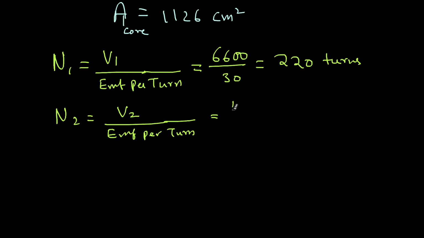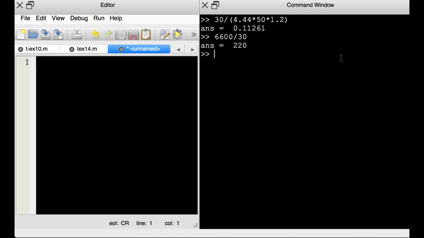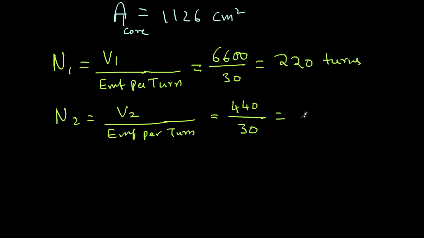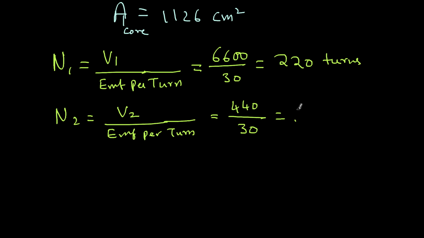So 440 divided by the voltage per turn, that is 30. Let's calculate that: 440 divided by 30 is 14.667 turns. Approximately, you can take the higher value, that is 15 turns.